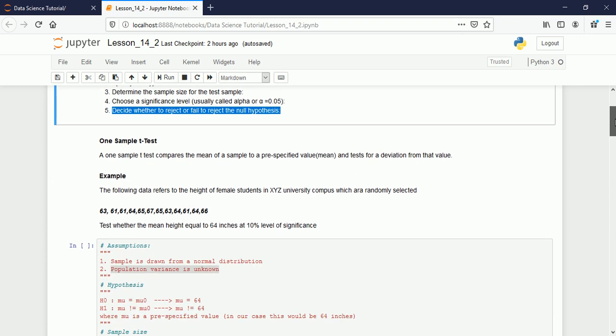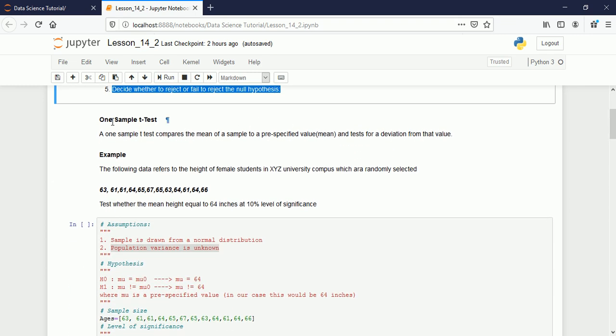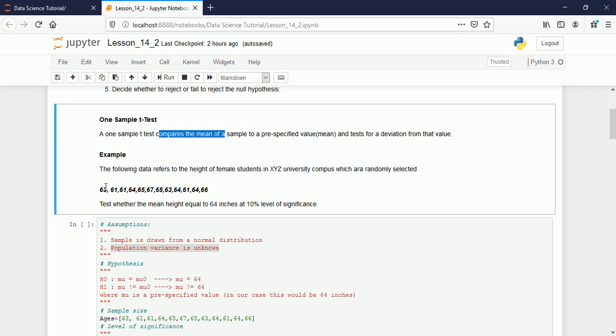Now let's talk about the first type of testing, which is the one sample t-test. So what is this one sample t-test? It is actually used to compare the mean of a sample, for example this is our sample, with a pre-specified value or mean value, and test for deviation from the value.